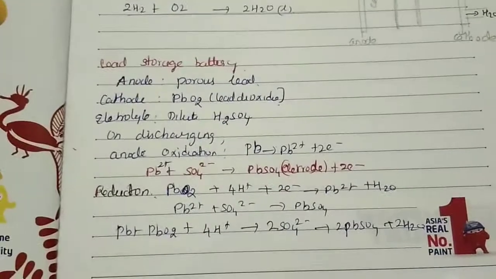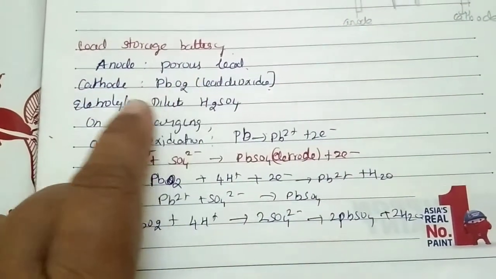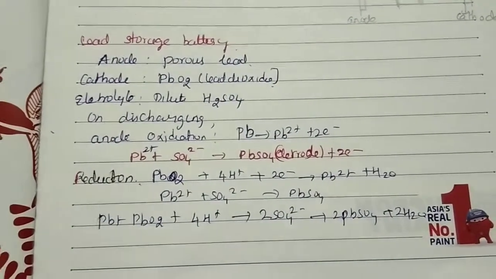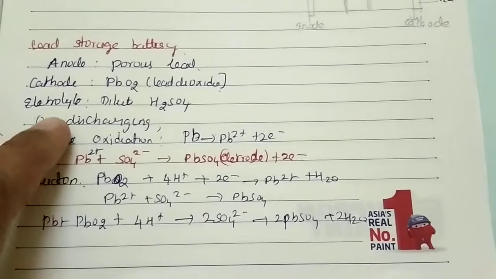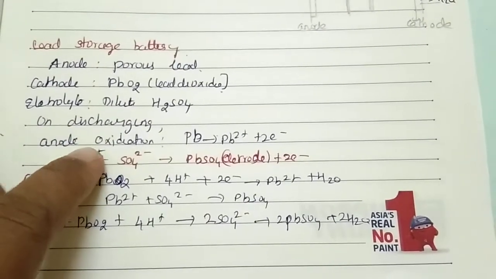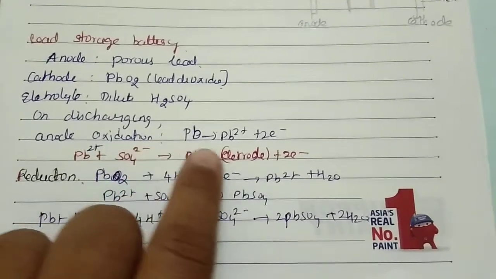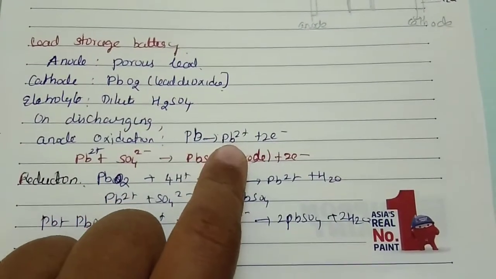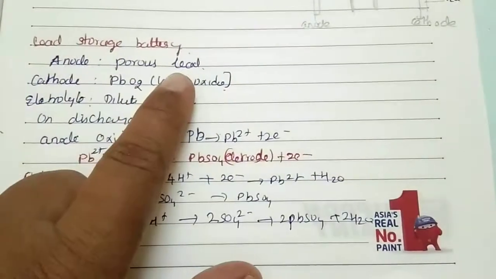Next, the lead storage battery. Here the anode is porous lead, the cathode is lead dioxide, and the electrolyte is dilute sulfuric acid. On discharging, oxidation takes place at the anode. So Pb gives Pb2+ plus 2 electrons. So what is the anode? The anode is lead.